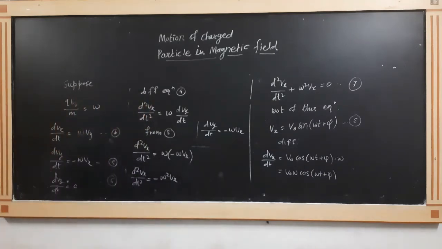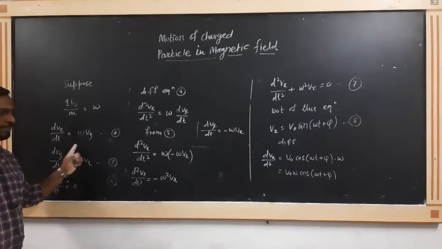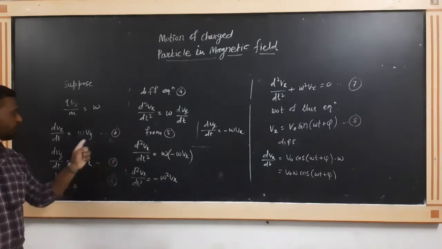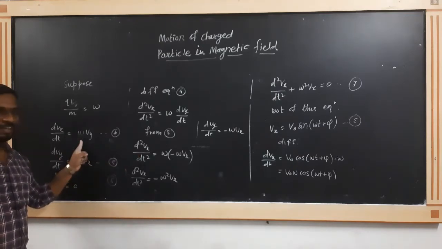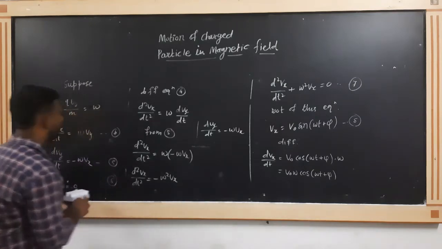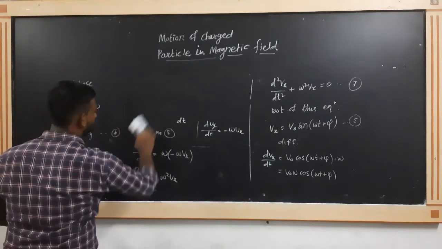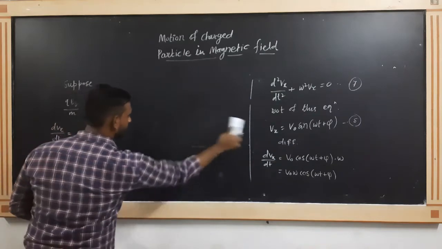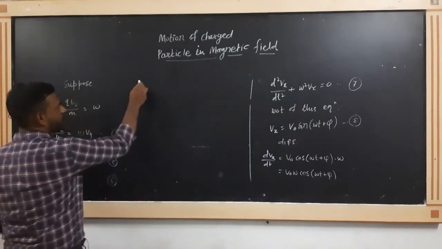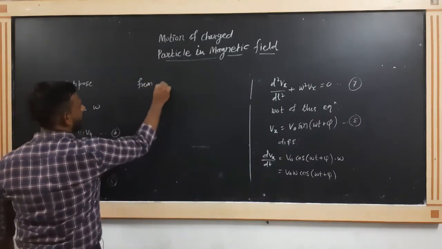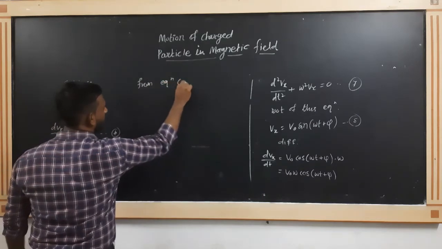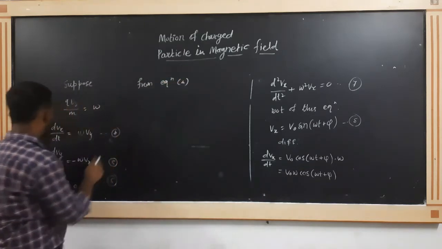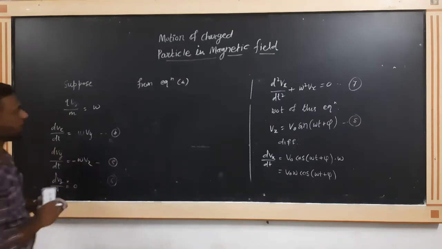And from equation 4, what is dvx by dt? Omega vy.